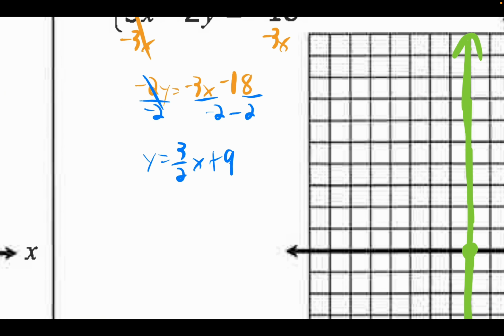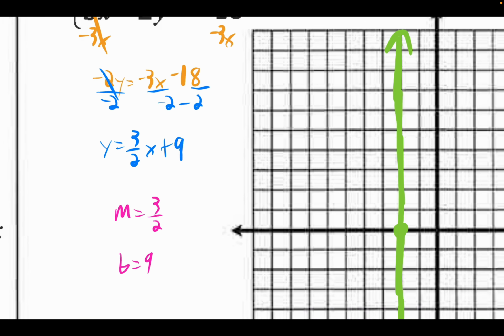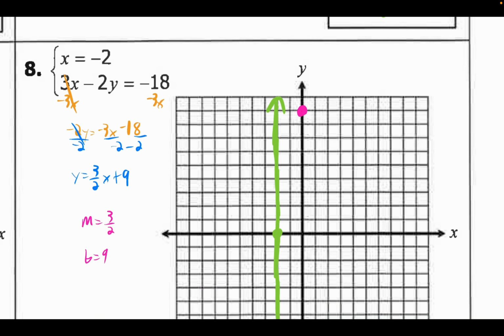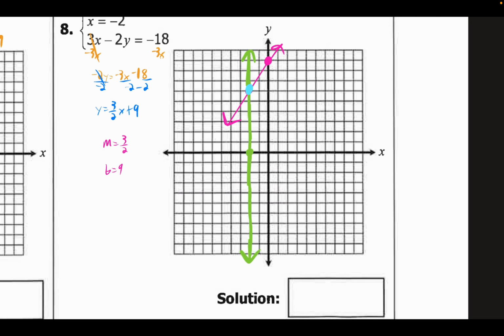That gives me a slope of 3 over 2 and a y-intercept of 9. So I'm going to go ahead and graph the b, and I can go down 3, left 2, or up 3, right 2. But going down and left is helpful since I will intersect with my other line right here and get the ordered pair negative 2, comma 6.